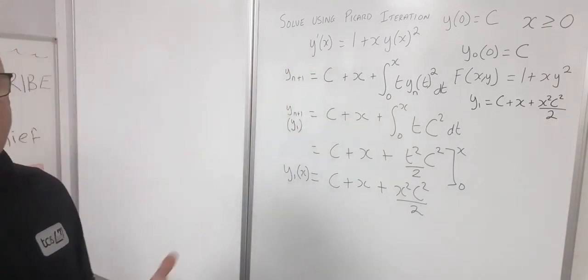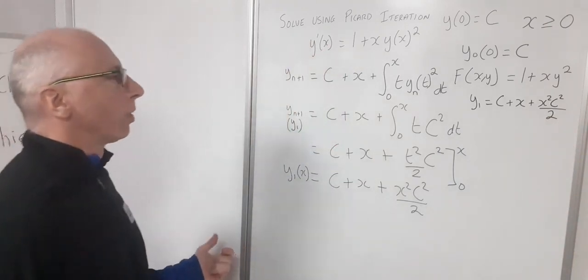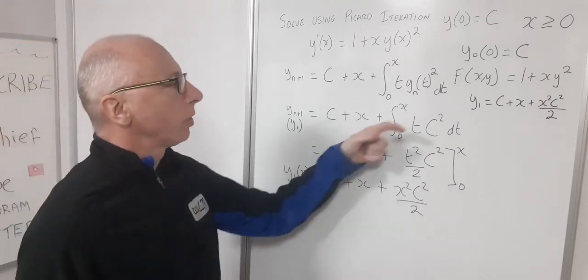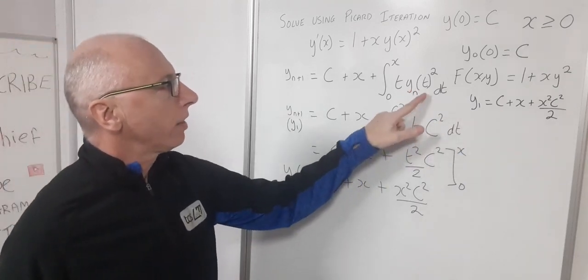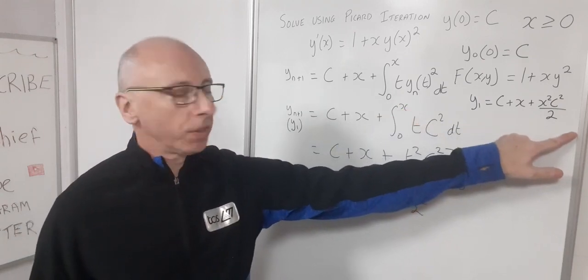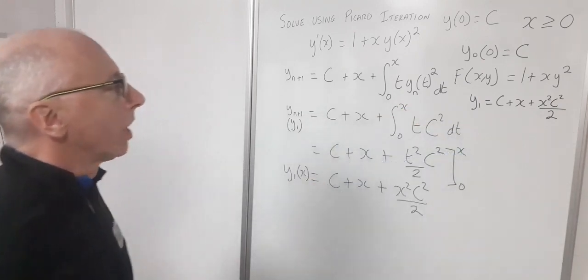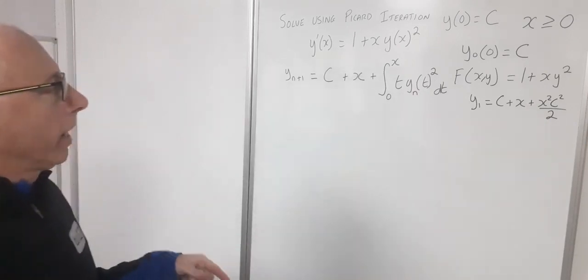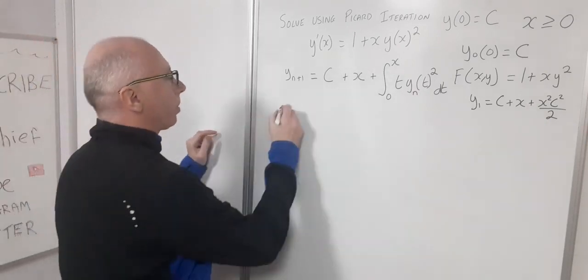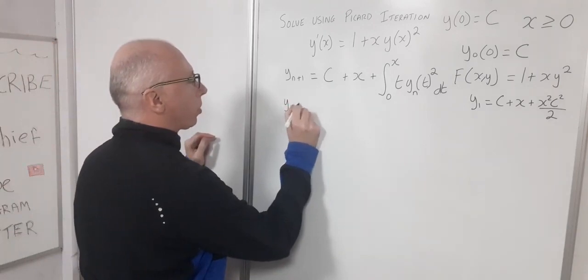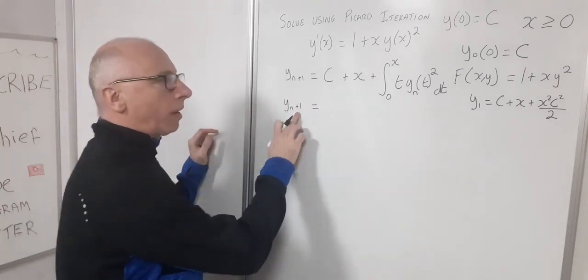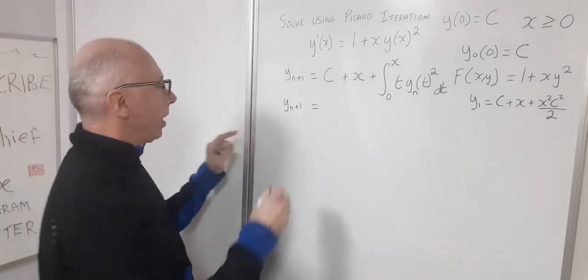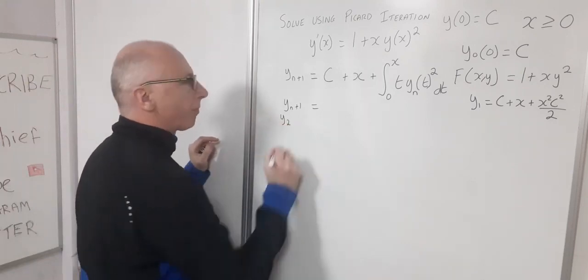Okay, now let's try and find y of 2. For that we'll need to plug in here our yn of t, this function here. Okay, so let's take this off the board and try that out. Let's set up our integral. So y of n plus 1 will equal, now we've got y of 1, so what we're switching for here is y of 2.